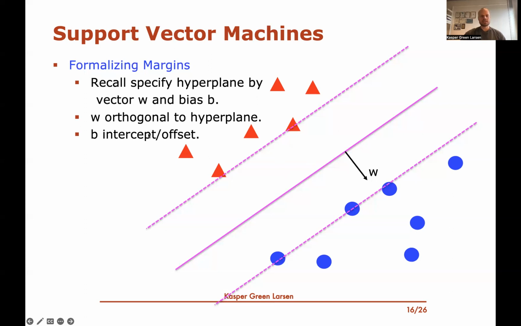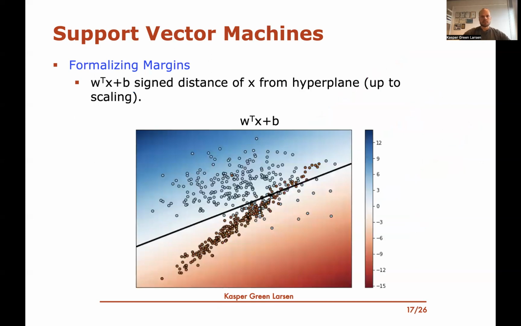The points on the hyperplane are exactly the set of points x such that the inner product between x and w plus b is equal to 0. Okay. So for support vector machines, we're not going to hide the bias by hard coding it into a feature. Here we're actually going to keep the bias separately, and this is unfortunately necessary and important. So the bias we will have to deal with explicitly here.